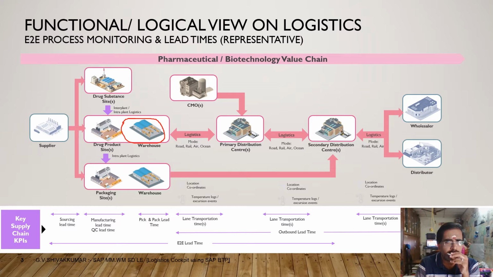In the case of pharma or biotechnology, it is definitely process manufacturing, so a process order is created. Based on the process order release, they will issue the raw material from the warehouse to the shop floor. Once, after a series of movements between work centers, the complete routing operation is done and all the raw materials are converted to finished goods. Then you can set up either automatic or manual replenishment, and then an outbound delivery will be created, followed by TO creation and confirmation.